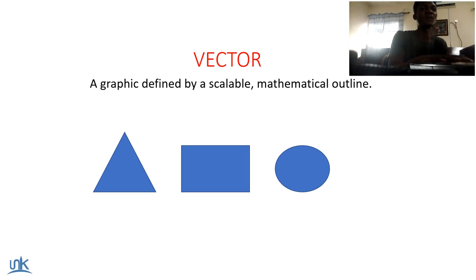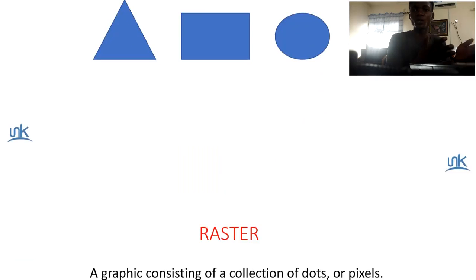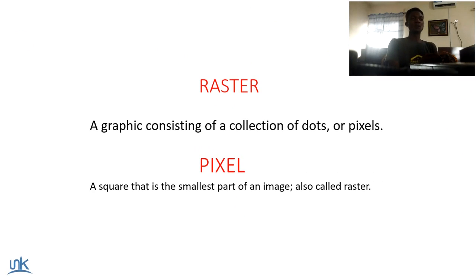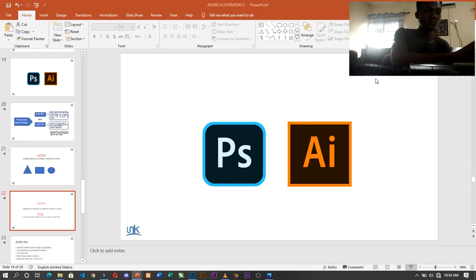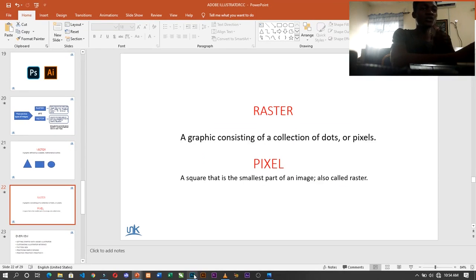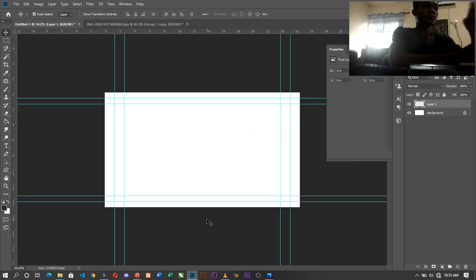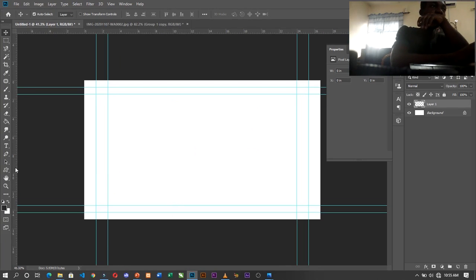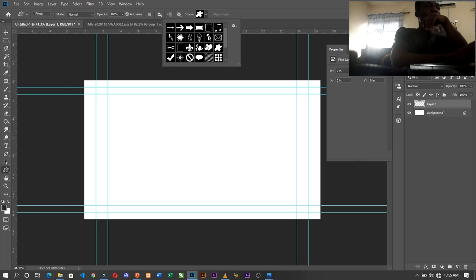So for us to understand the difference between vector and pixels, let's jump into Photoshop and let me illustrate something here. Assuming I want to draw a shape here. Let me pick any custom shape. Okay, this.